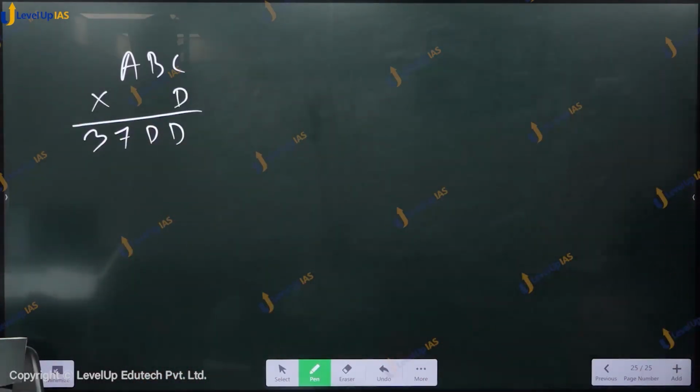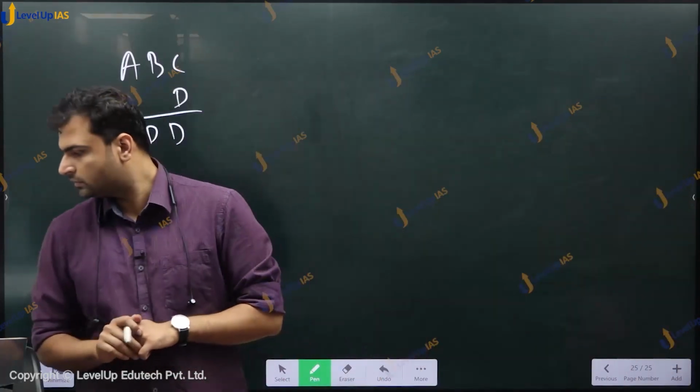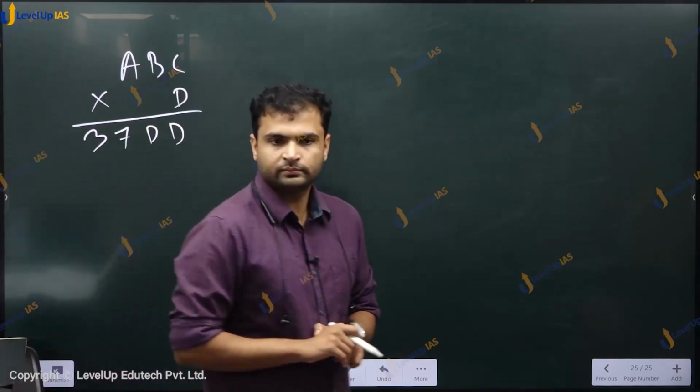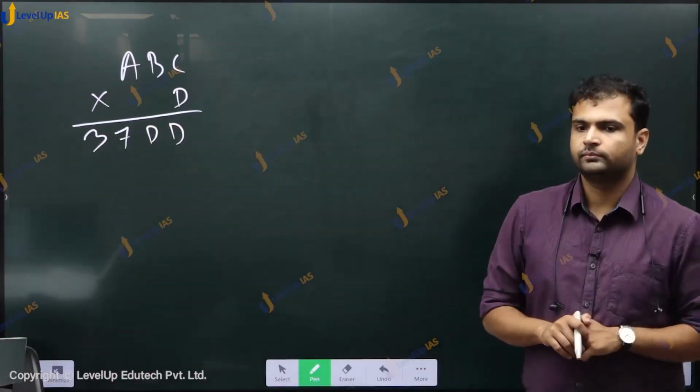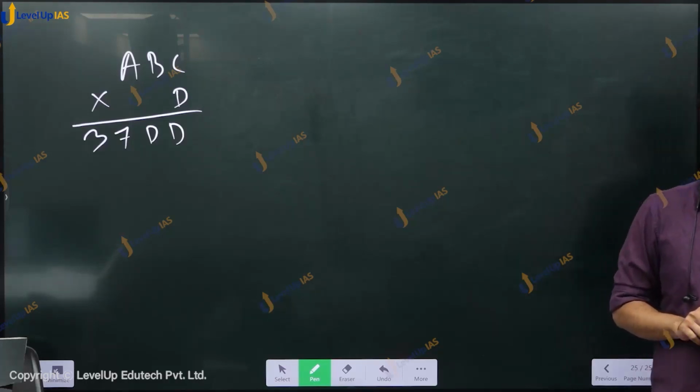Are you able to do anything? सारे हो गए? ओके. इस क्वेश्चन, इसका कुछ हो रहा है? नहीं हो रहा. नहीं हो रहा.